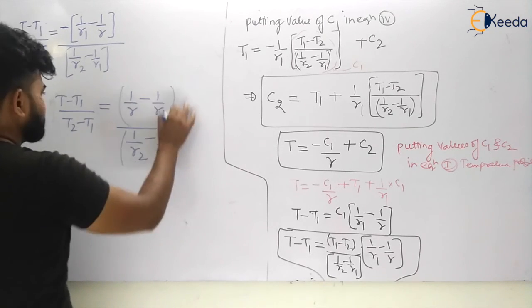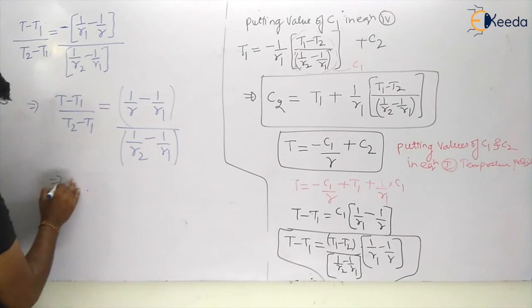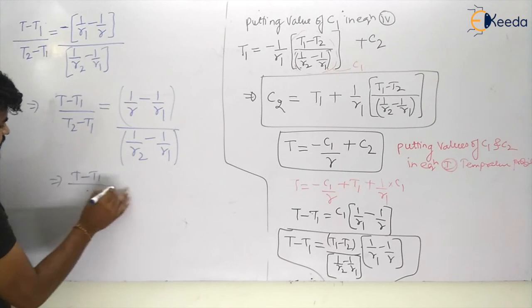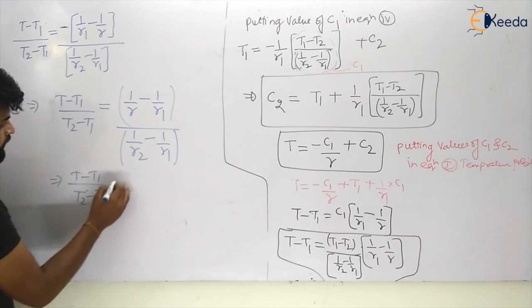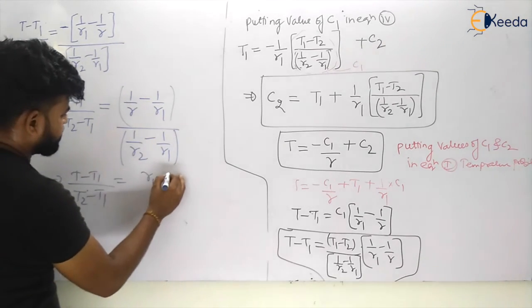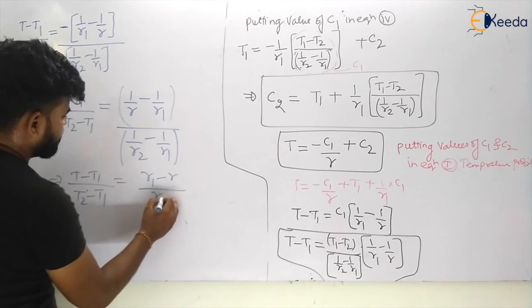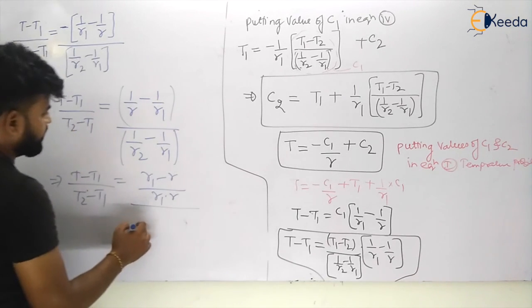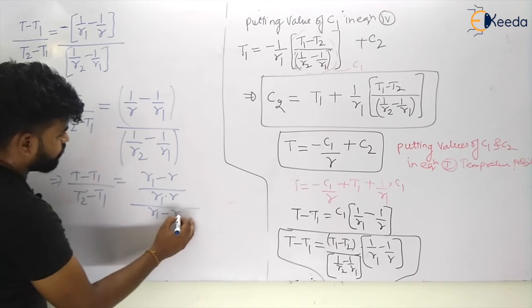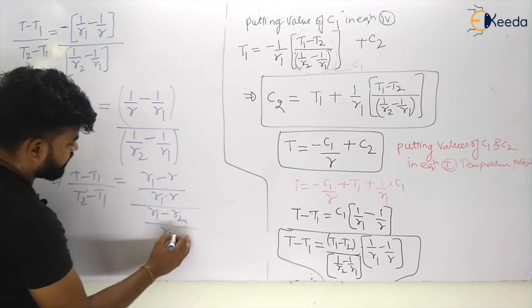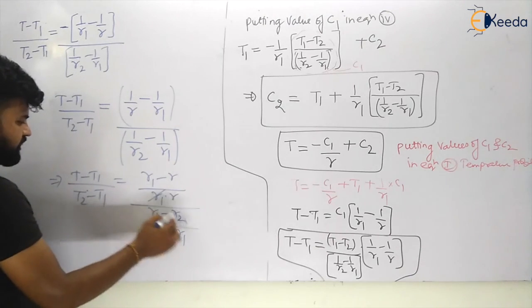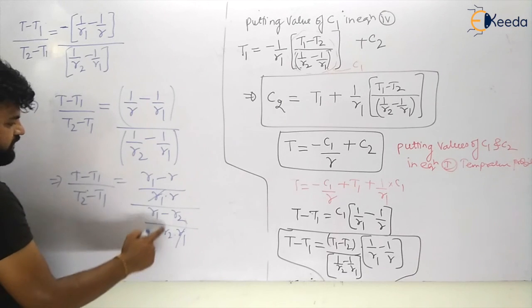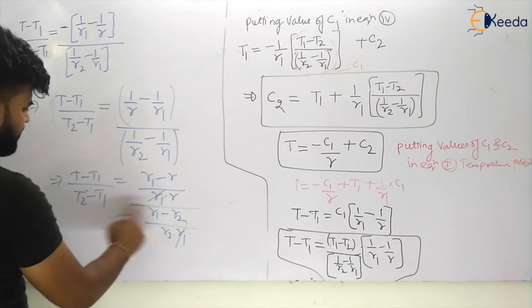So simplifying these terms, let us see. This will become T minus T1 divided by T2 minus T1 is equal to R1 minus R divided by R1 dot R, divided by R1 minus R2 divided by R2 dot R1. So R1 will go and there will be the remaining R2. Okay, let us take the minus sign out again.